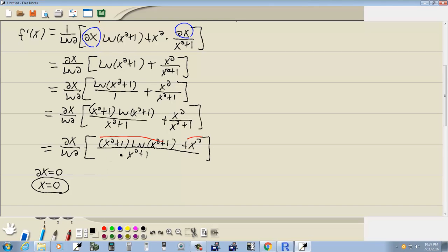Now if I set this top part equal to 0, I got x squared plus 1 natural log of x squared plus 1 plus x squared, and set it equal to 0. Well, this right here, I'm not even sure how you do it algebra-wise. We could plug it in the calculator.